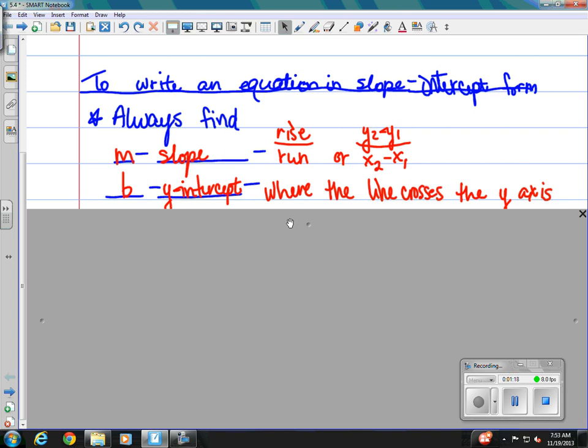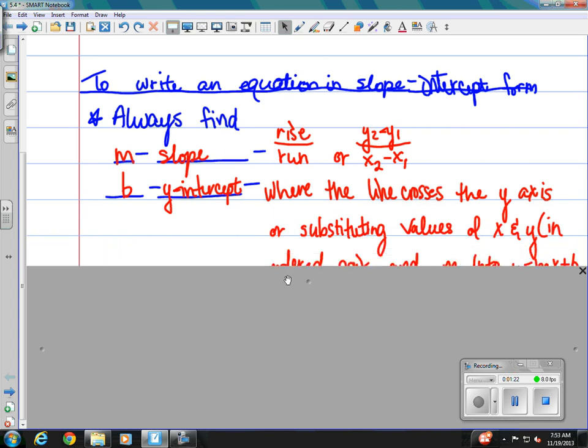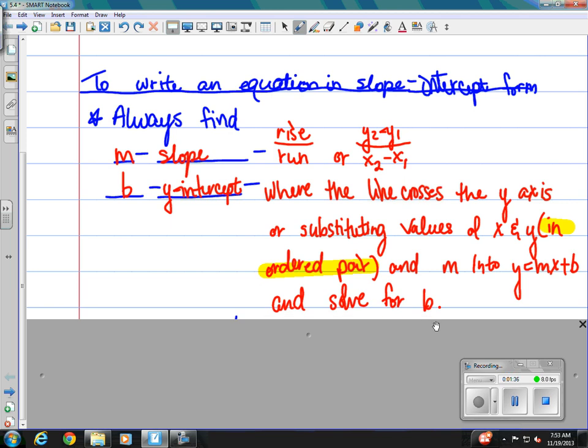Or, let's say we're not given a graph, we find it by substituting values of x and y from your ordered pair, that's important, and our slope into y equals mx plus b and solve for b. So there's two ways to find our y-intercept. It's either where the line crosses the y-axis, or we solve for b.